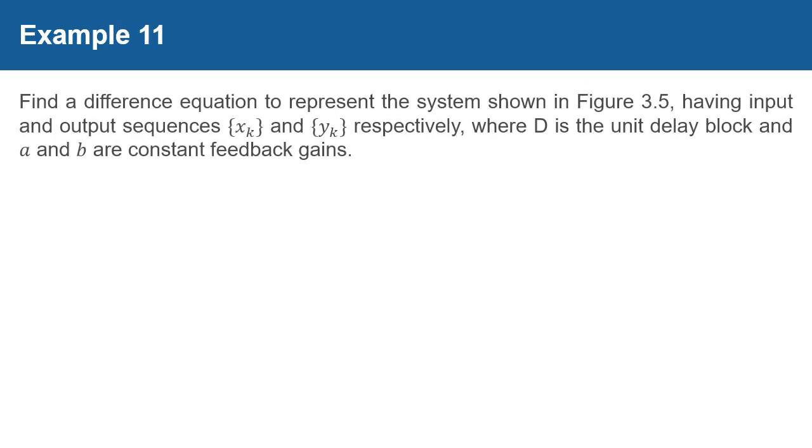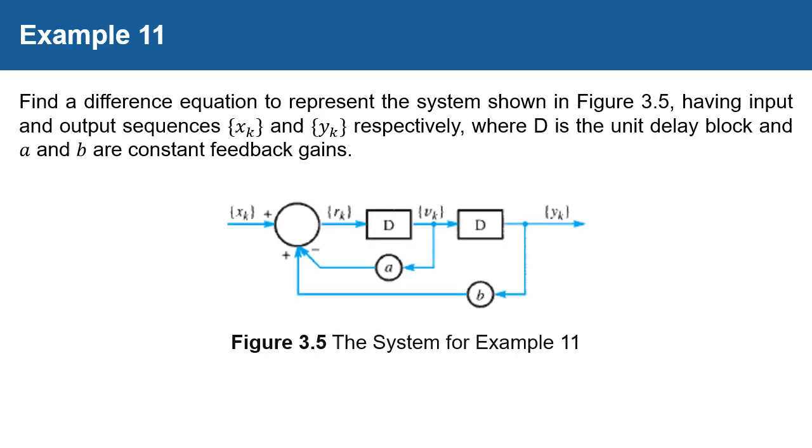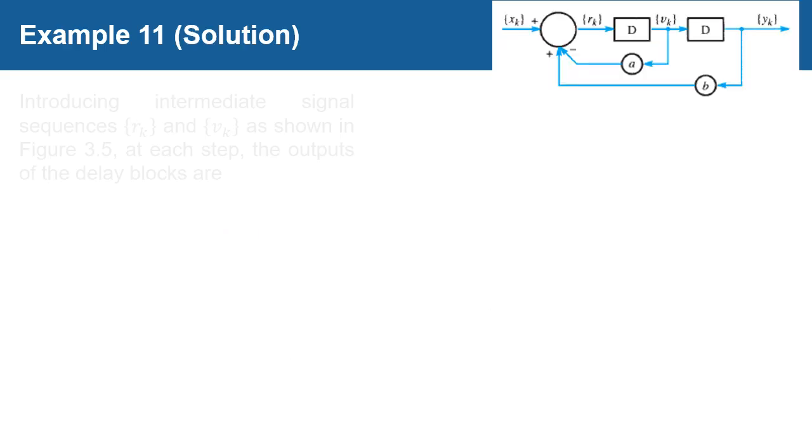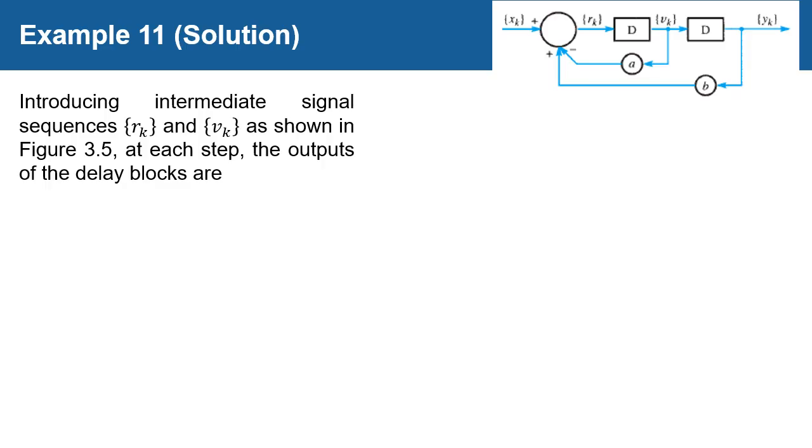Example: find a difference equation to represent the system shown in figure 3.5 having input and output sequences xk and yk respectively, where D is the unit delay block and A and B are the constant feedback gains. Solution: introducing intermediate signal sequences Rk and Vk as shown in the figure.